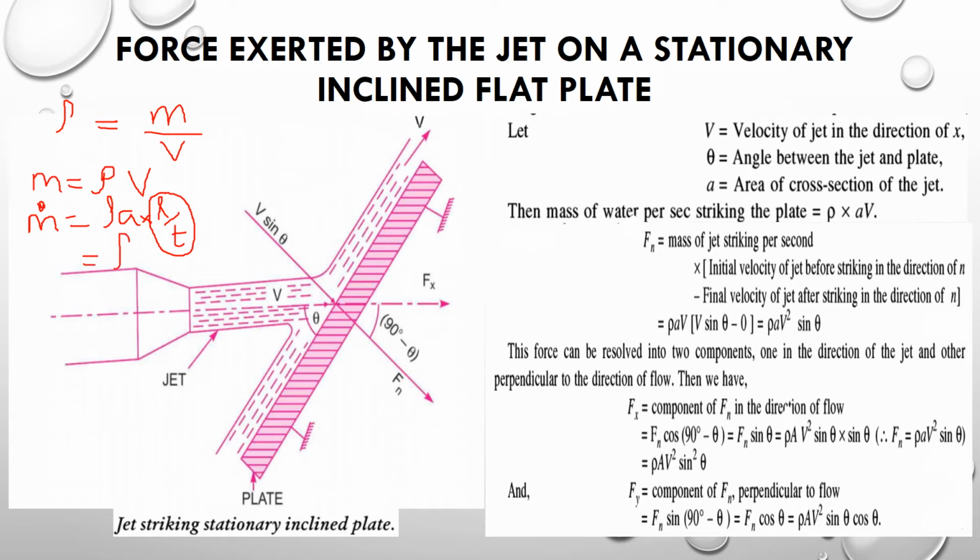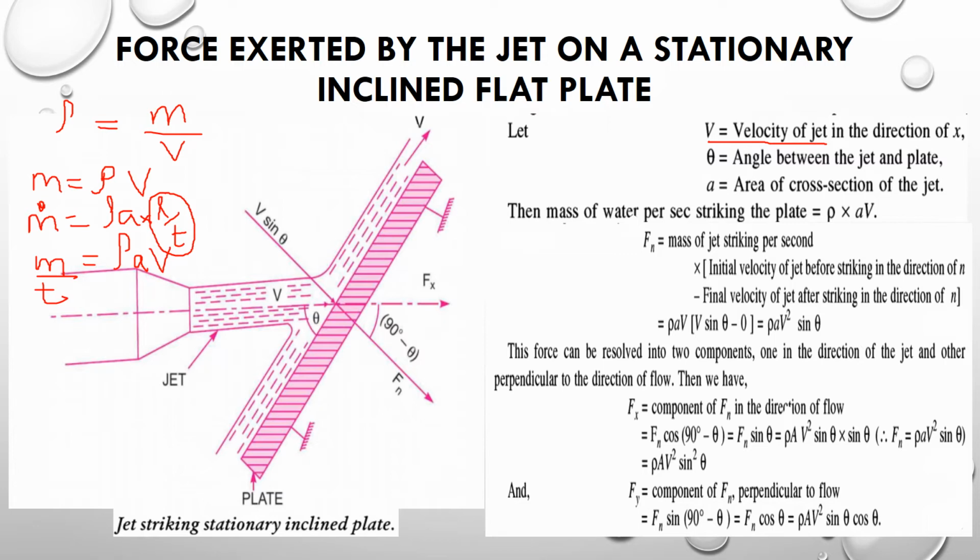So I can write rho into a into velocity v, that is m dot or m by time. Hope you understood. In the derivations to follow, we will be directly writing mass of water per second is equal to rho a v. So you should understand how you get this expression. Here v is not volume, v is the velocity of the jet.